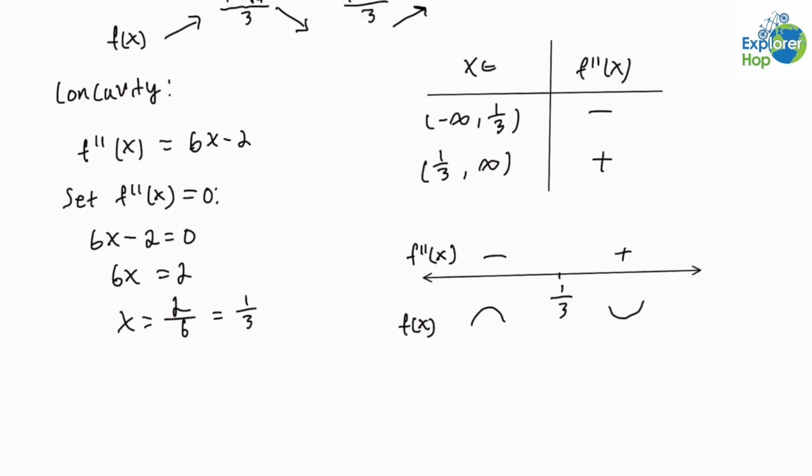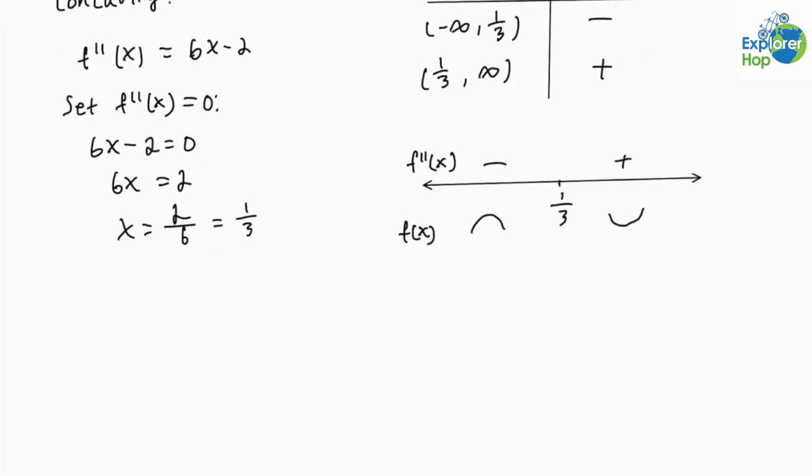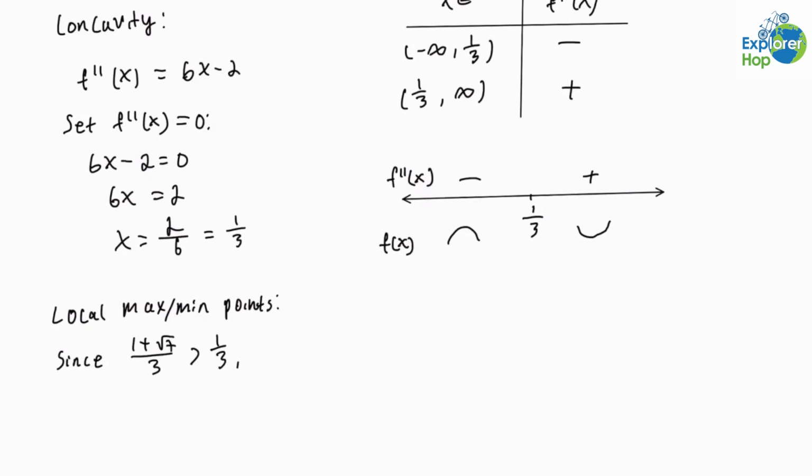Now let's find the local max and min points. From the stationary points we found earlier, since 1 plus the square root of 7 over 3 is greater than 1/3, then the second derivative at x equals 1 plus root 7 over 3 is greater than 0 from the information above.